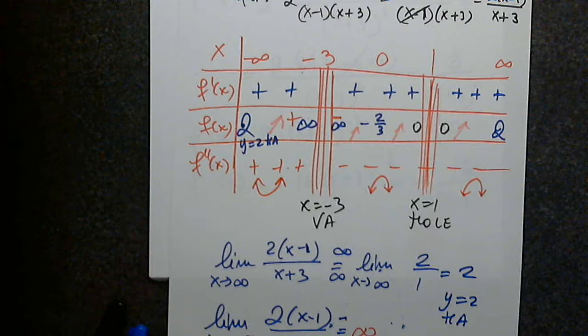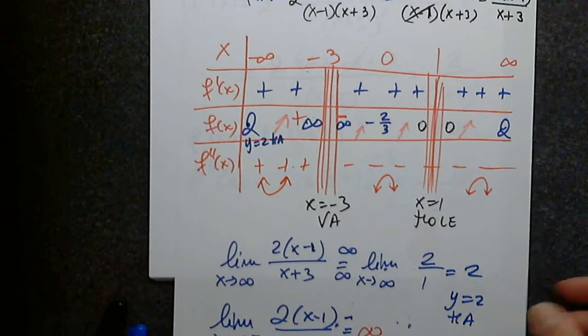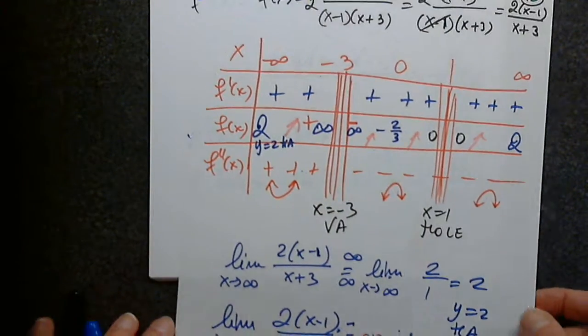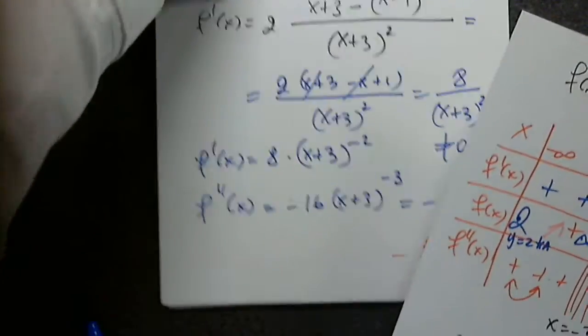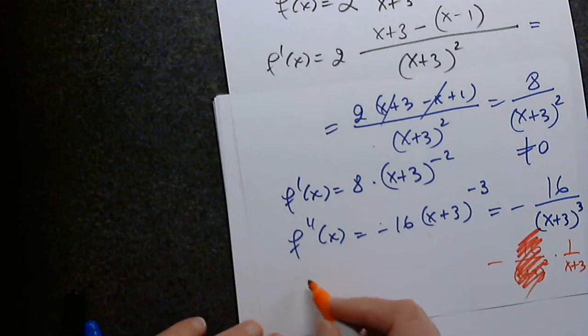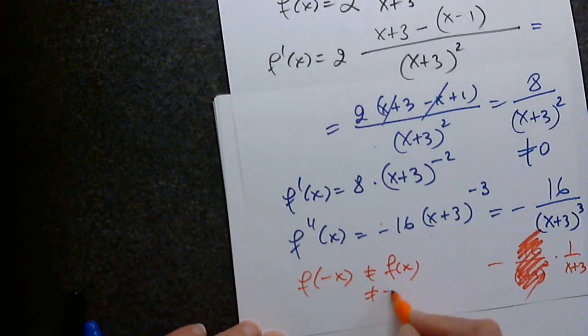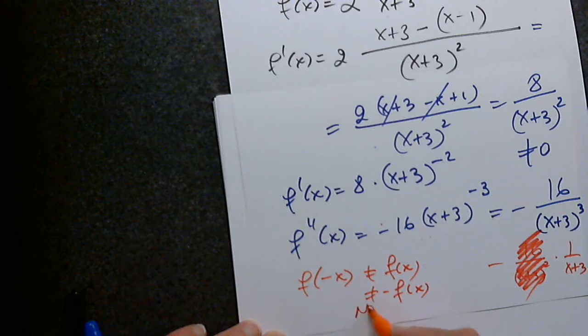But since the function is not defined there, we cannot have an inflection point where it's undefined. Of course, it's not symmetric with a hole here and a vertical asymptote here. It's not symmetric, so I do have to write that. So I'll write it here. F of -x does not equal f of x, and it does not equal the opposite, so not symmetric.